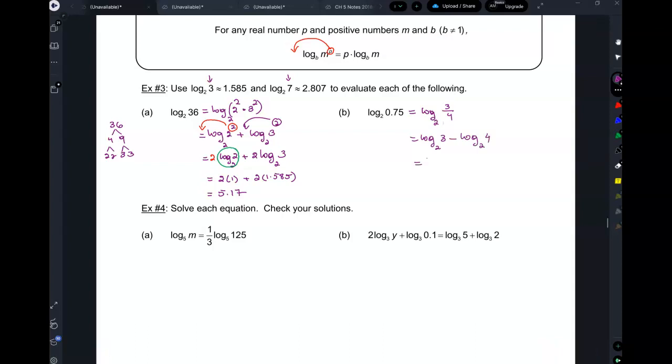That's the number we're given, 1.585, minus, how much is this? It's 2 squared, so it's just 2. The exponent of 2 to get a 4 is 2. And then this will be negative 0.415.